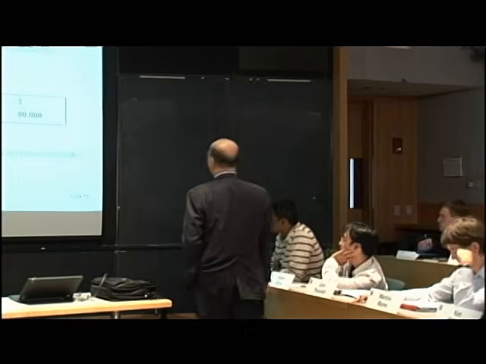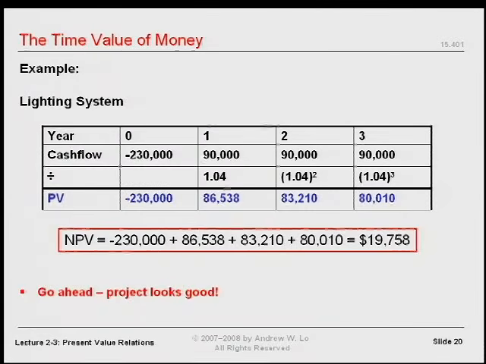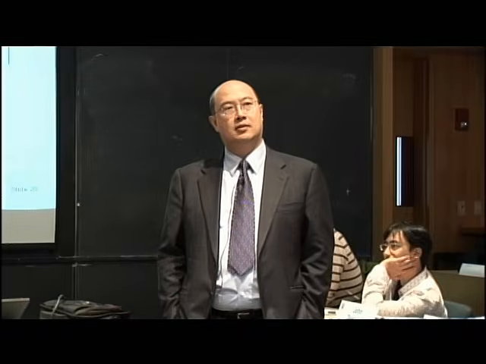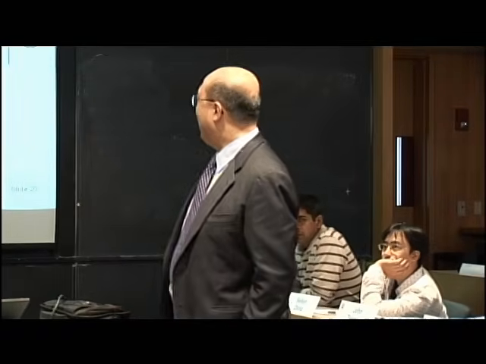At 4%, it turns out that the NPV of this project is about $20,000. So it's a good deal. On the other hand, if you change the assumptions and you make the interest rate something else, well, it might not be a good deal.